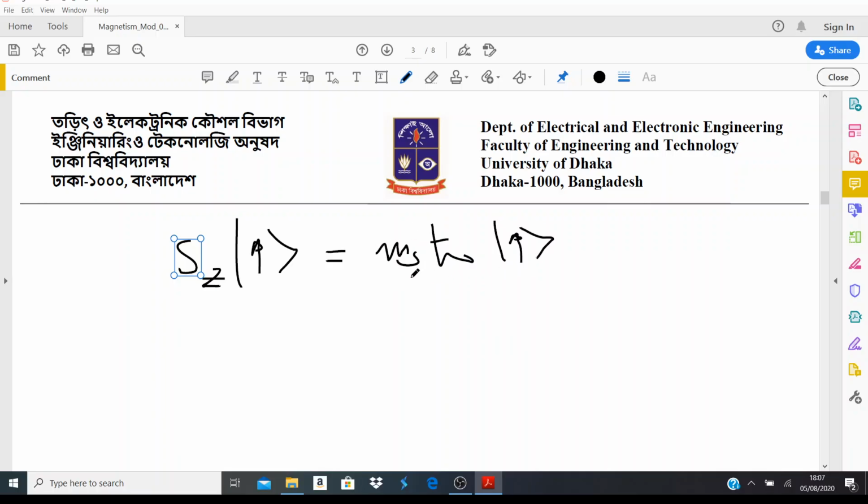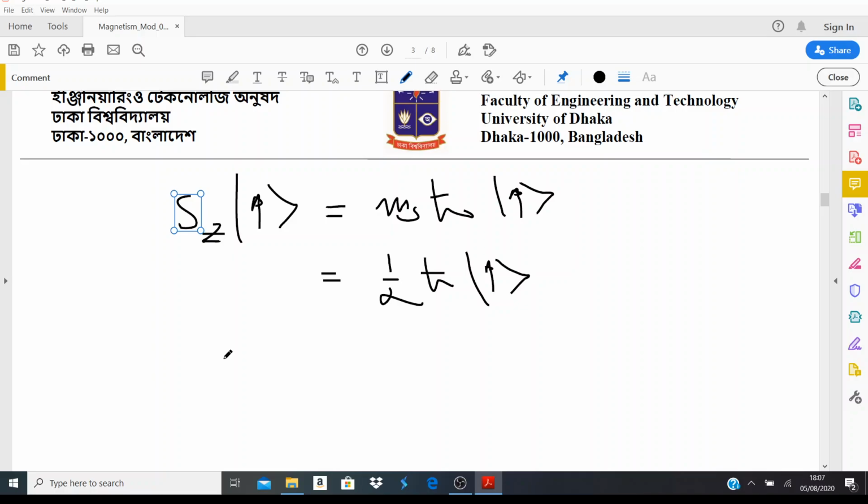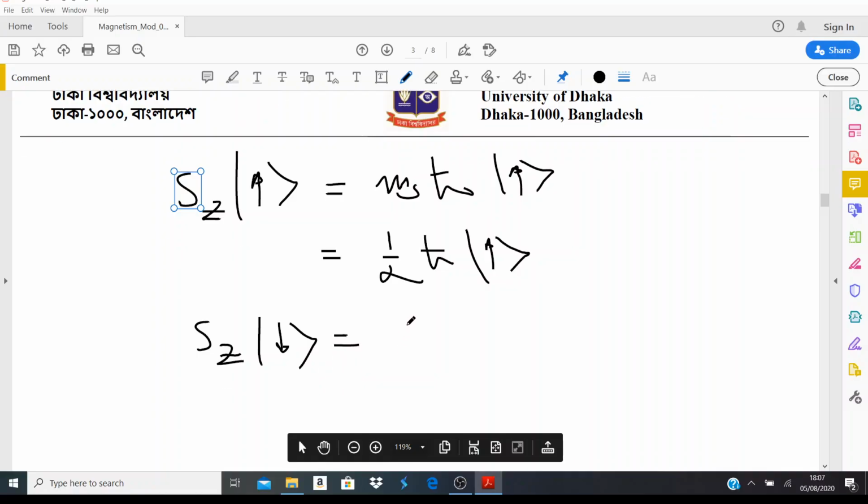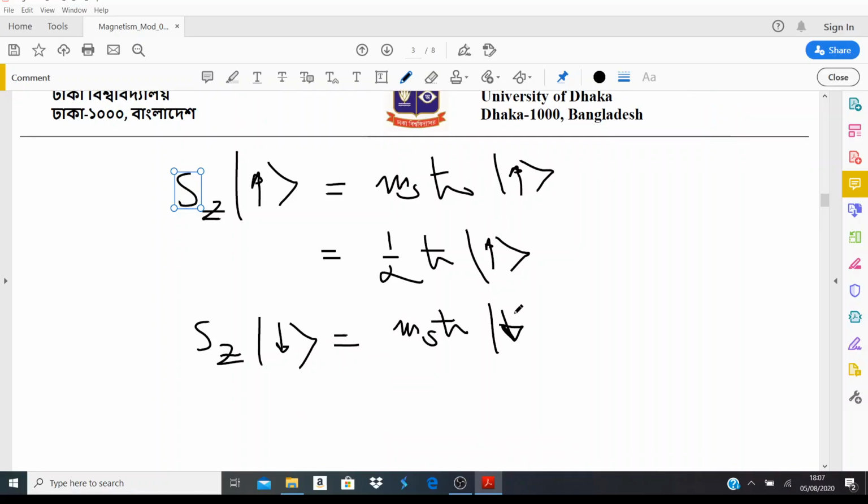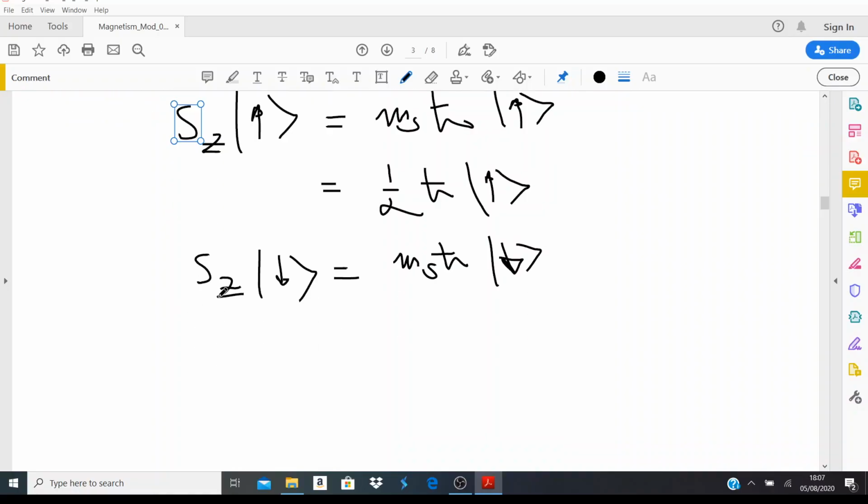And what's the Ms? In the up state, it's plus half, right? Similarly, when Sz operates on the spin down state, it will give you the same Ms h bar times the down state, because these are the eigenstates of the Sz operator. But now in the down state, what is the value of Ms? That's minus half. So that should be minus h bar by 2 times down, right?